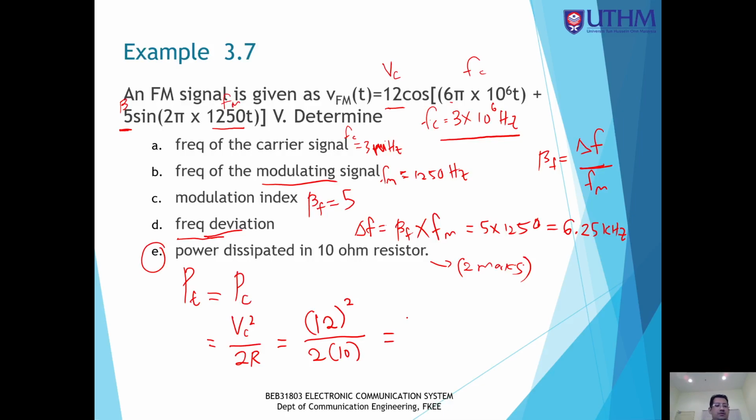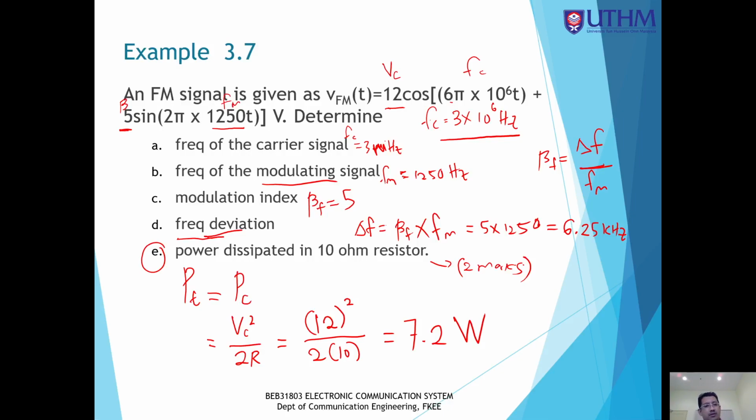So how much is this? 12 square divided by 20, so you get 7.2 watt. So 7.2 watt for the total power.